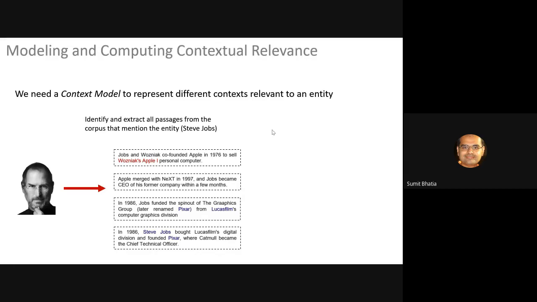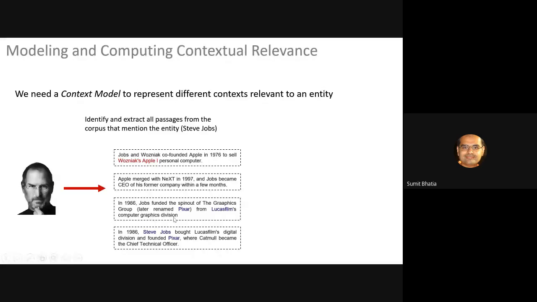In some document it was mentioned that Apple merged with NeXT and Jobs became CEO of his former company. Likewise, you find different passages from different articles. For example, in 1986, Jobs funded the spin-out of Pixar from the computer graphics division.